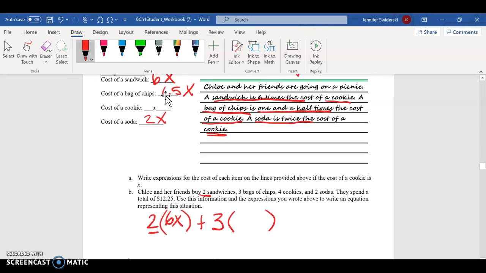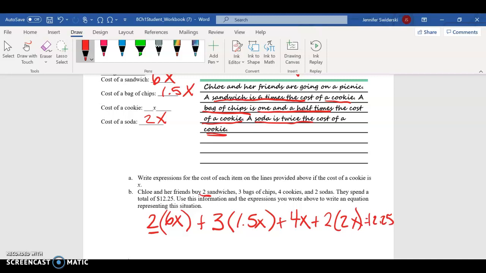Well, a bag of chips was 1.5X. 4 cookies. How can I say 4 cookies? Well, cookie was X, so it'd just be plus 4X, or X plus X plus X plus X, plus 2 sodas. Well, how can I say 2 sodas? She bought 2 sodas. Sodas was 2X. And they spend a total of $12.25.